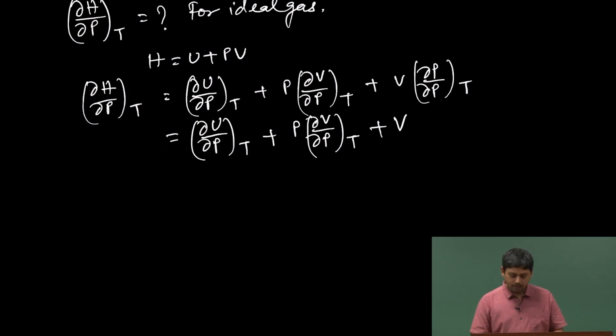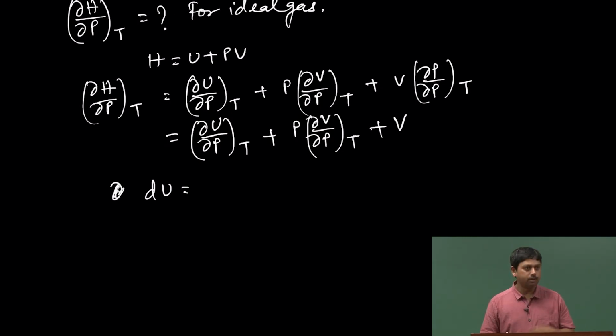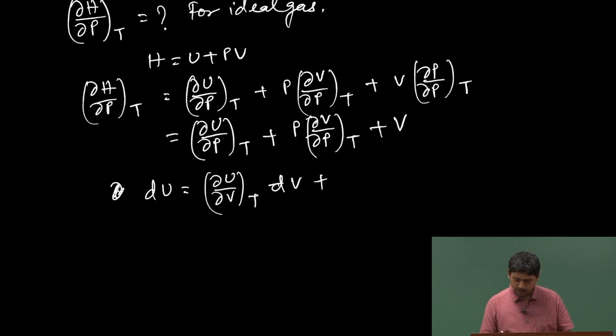Remember what we did last time: del U, or rather dU, can be written as a function of both V and T as del U by del V at constant T dV plus del U by del T at constant V dT. Now, I can take the derivative with respect to pressure at a constant temperature on both sides.